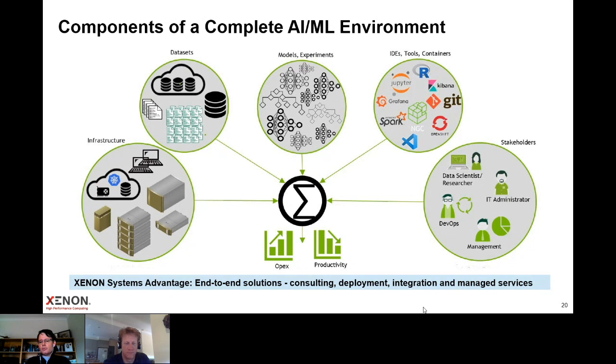And through our work with many customers, we've learned how to design these architectures, how to build them, how to deploy them, but more importantly also how to work with all the stakeholders involved. And that includes, of course, the data scientists and the researchers who are actually going to use the systems.